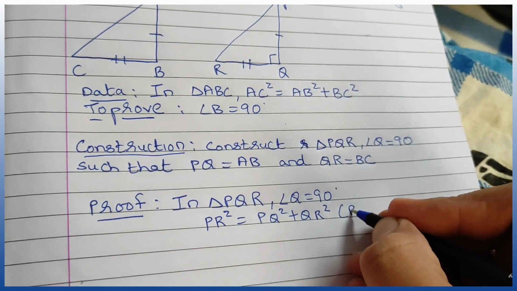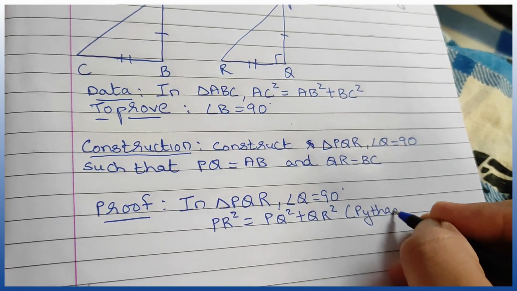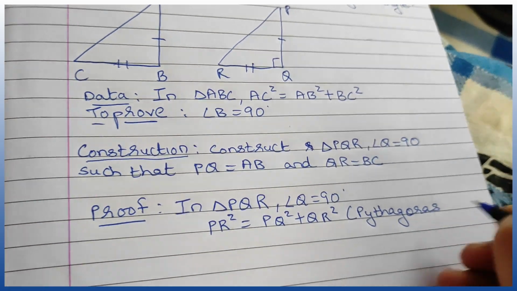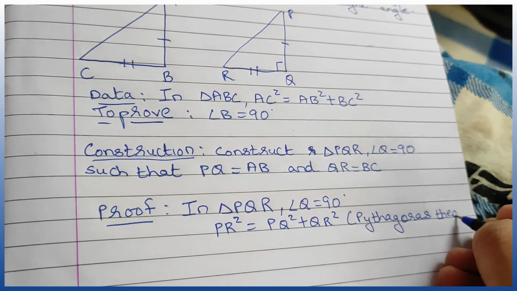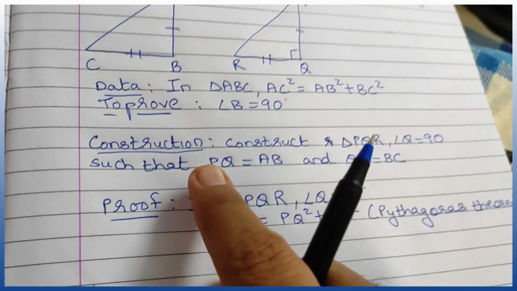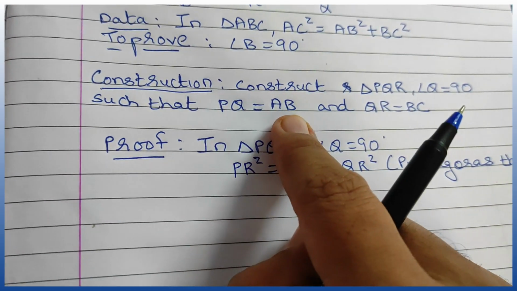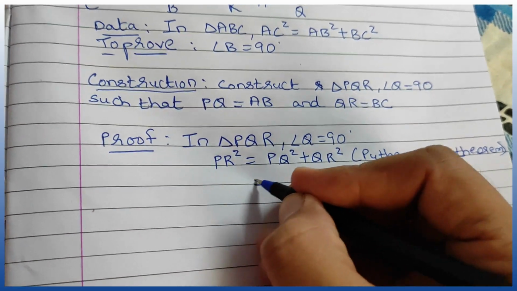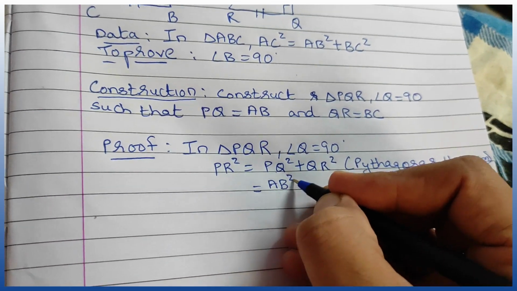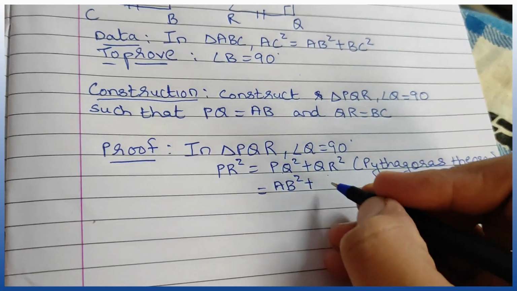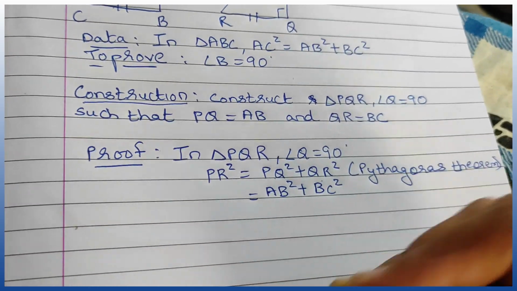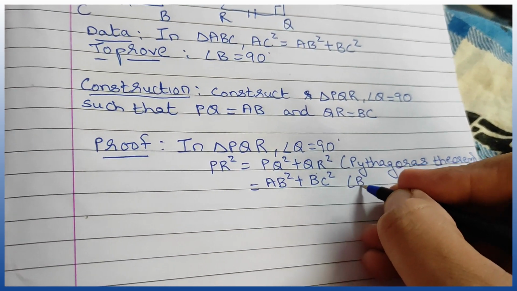Now according to construction, check what PQ is equal to. AB. So instead of PQ you write AB, and QR is equal to BC. Okay, this is according to construction.